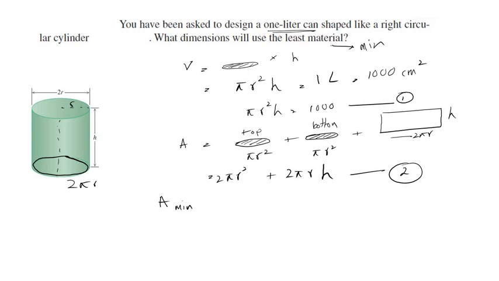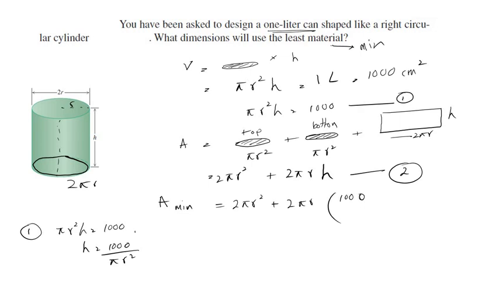So we take h from equation 1: pi r squared h is equal to 1000, and that makes h equal to 1000 over pi r squared. And we substitute into A. So A minimum would be 2 pi r squared plus 2 pi r times 1000 over pi r squared.